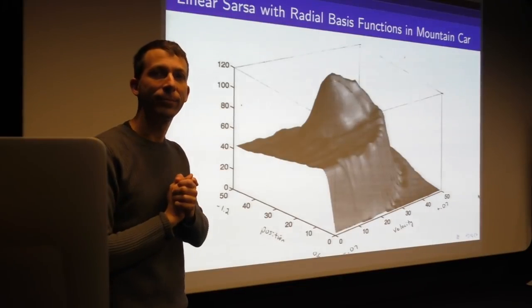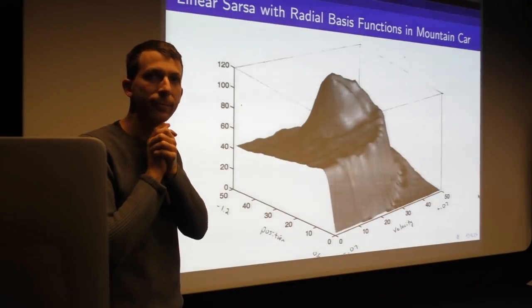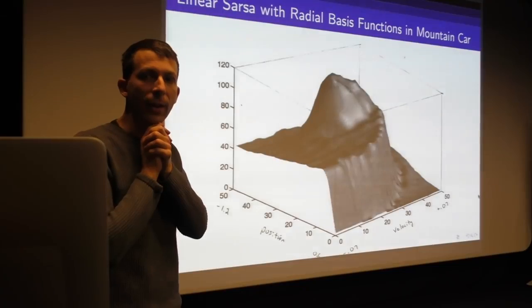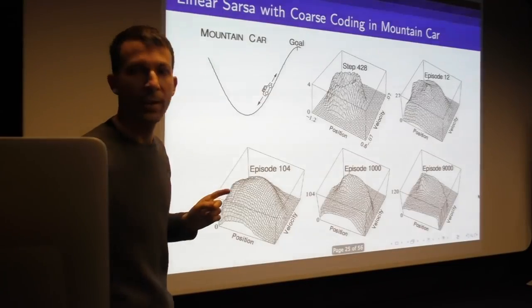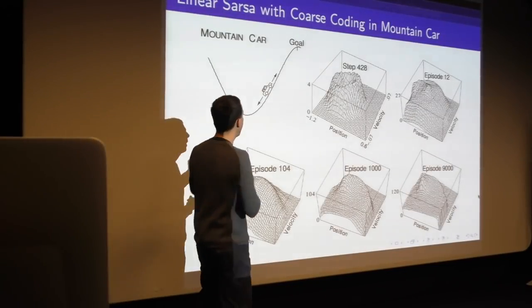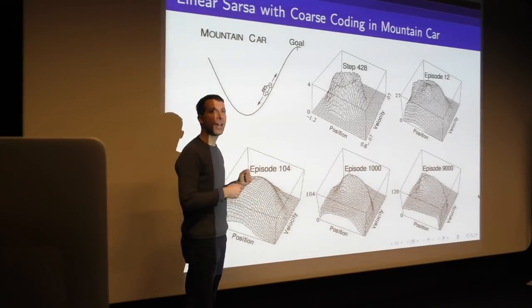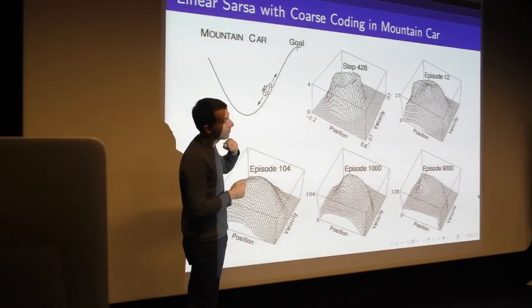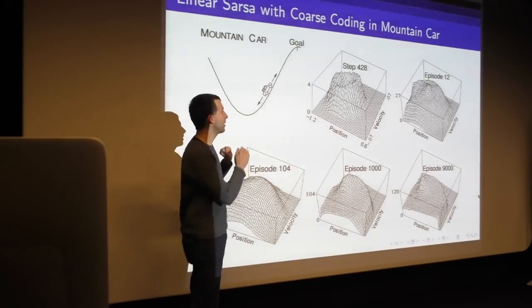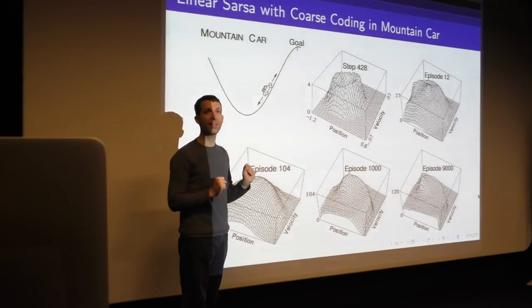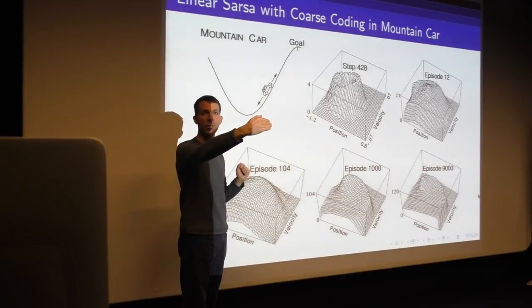Good question. In this example, there is a continuous state space, which is the position and velocity. The action space, you can do it in different ways, but in this particular example, the action space is discrete, so you basically get discrete choices of acceleration.